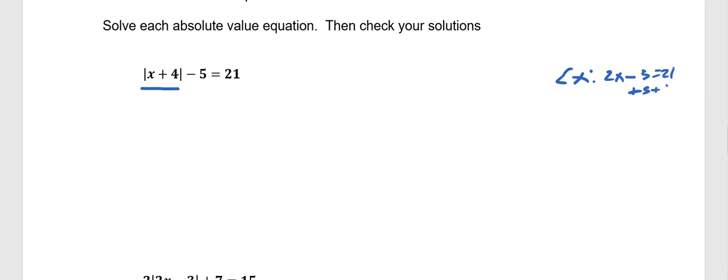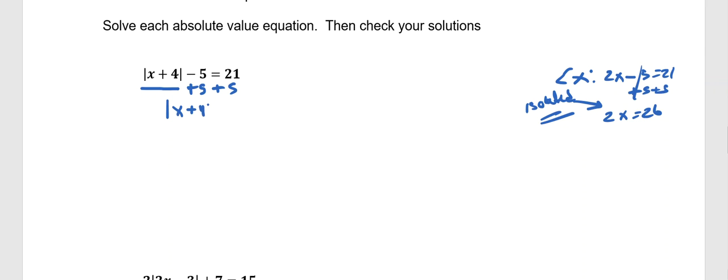Well, we would add 5 to both sides and get the variable term isolated. 2x would equal 26, and then we just move on from there. We're going to do the same thing here. We're going to add 5, and we get the absolute value of x plus 4 is equal to 26.